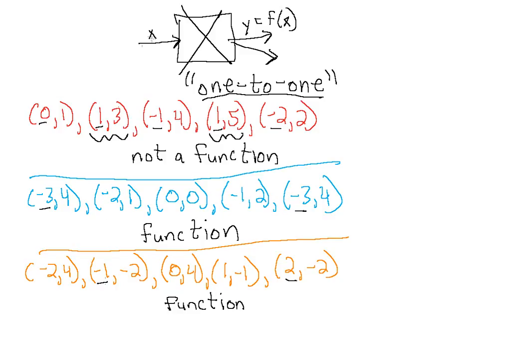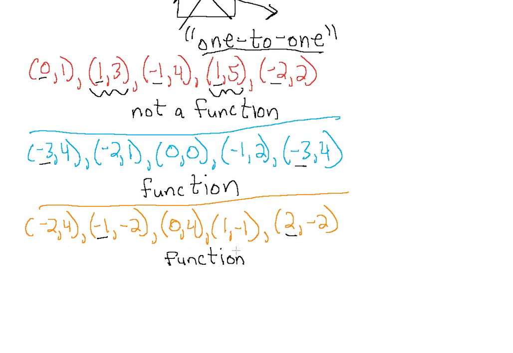We can plug in -1 for our input, and our machine can give us a -2, and then we can plug in 2 as our input, and the machine will spit out a -2 as well. We can go in that direction, but as long as we have a unique output for each x value, which is indeed the case here, then we have a function.